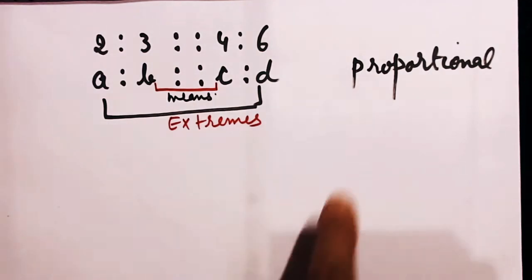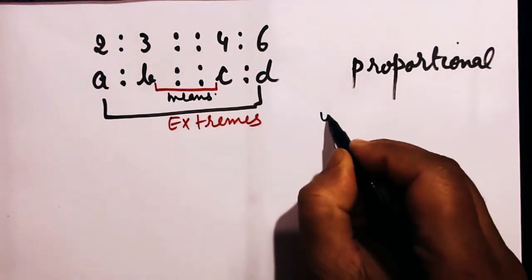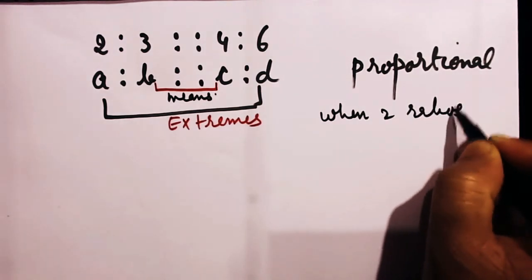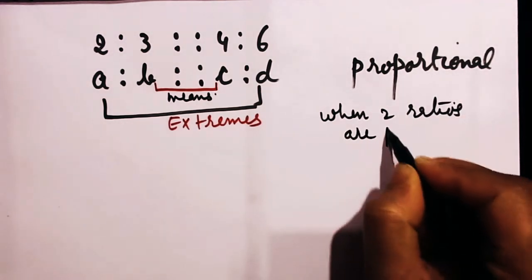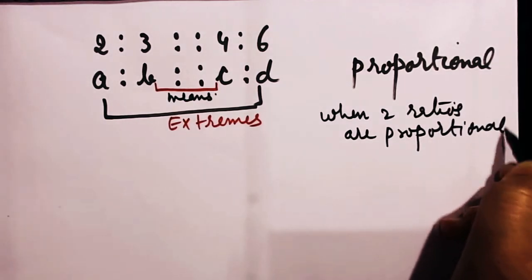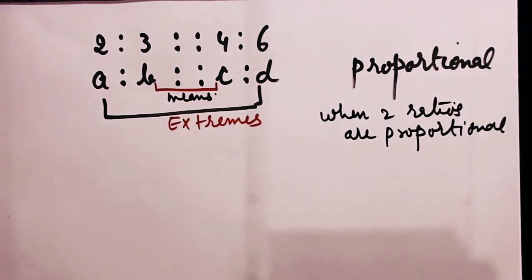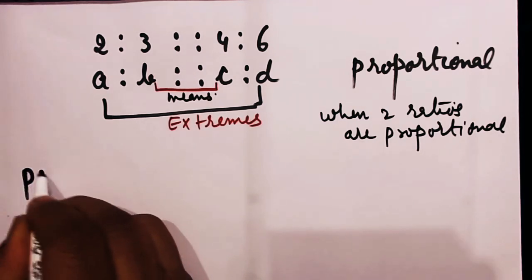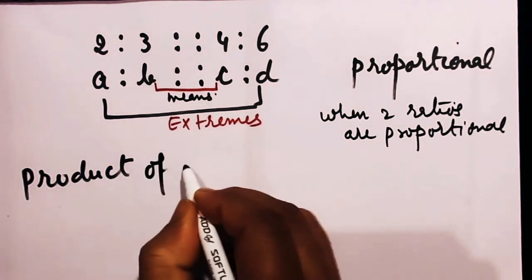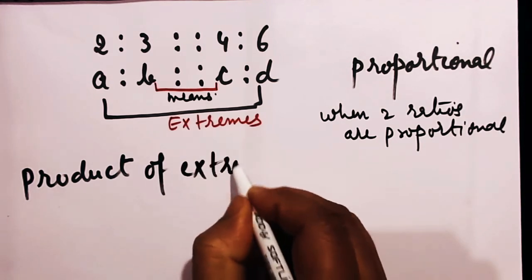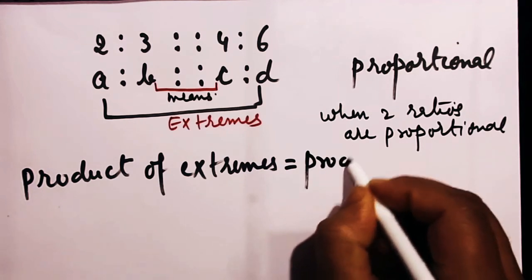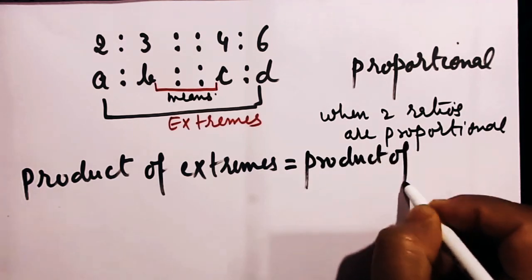And when two ratios are proportional, then the product of extremes is equal to the product of means.